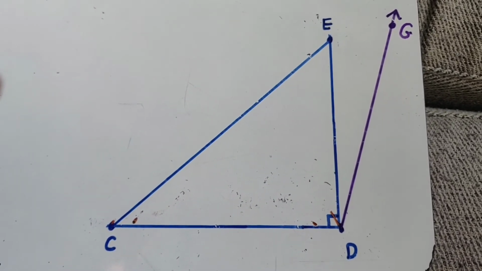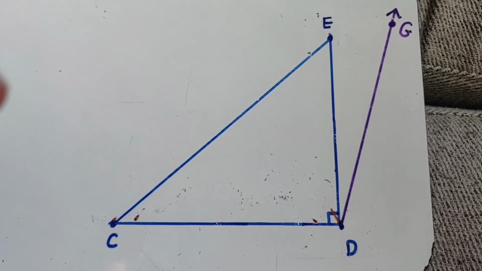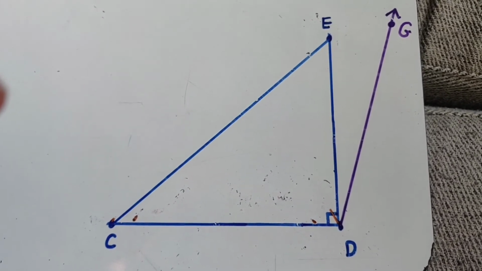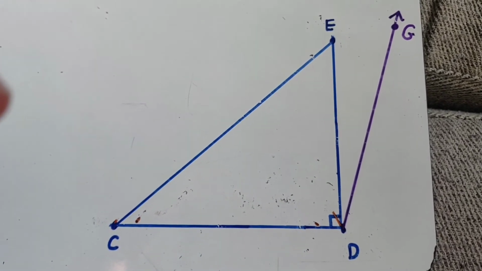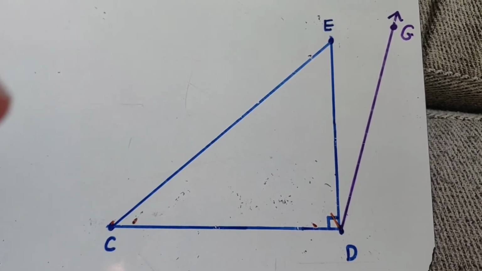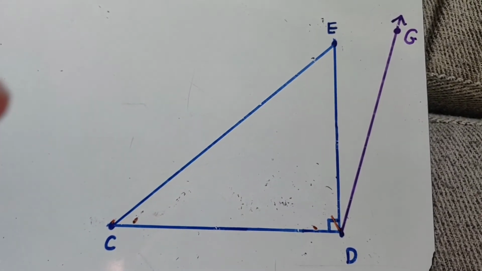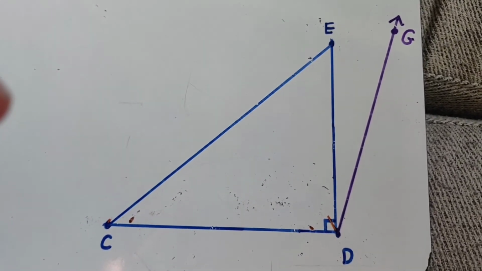It really doesn't matter. You could call it triangle ECD, triangle DEC. Just need to go in order one way or the other, but let's just call it triangle CDE. And I noticed that angle CDE in that triangle is a right angle. We already had figured that out. It's a 90-degree angle. So I'm just going to go ahead and label that 90 degrees.